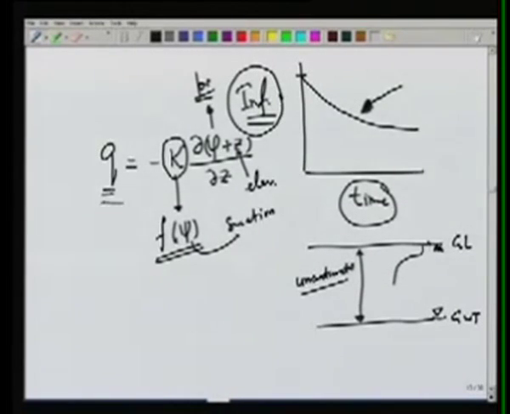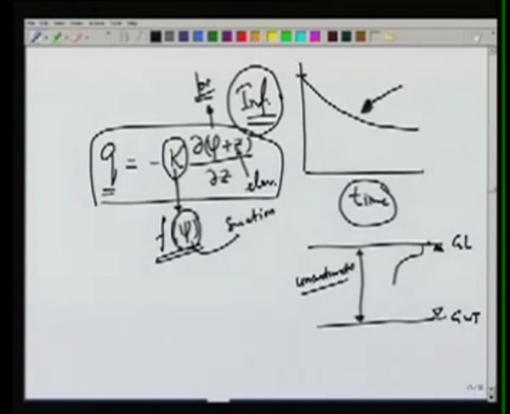This equation, as we have discussed earlier, is non-linear because K depends on psi, and then we have a partial of psi with respect to z. Again, this assumes one-dimensional vertical infiltration, which will generally be the case.